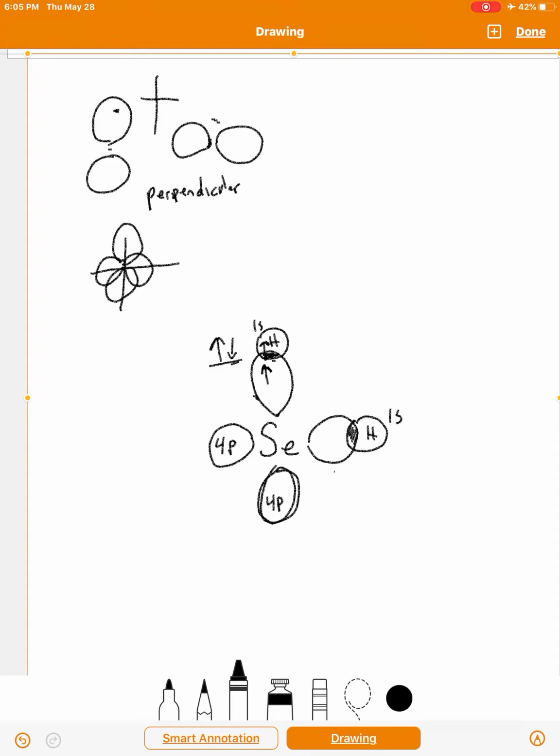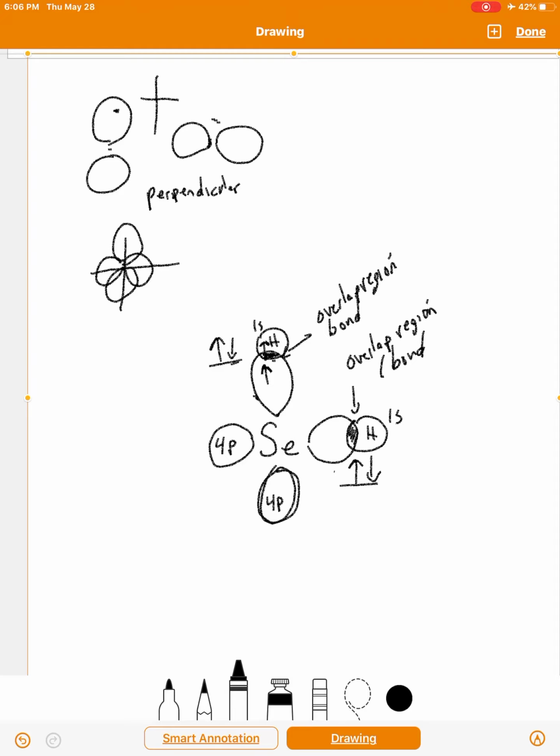Same idea. You now have two electrons. They pair up to form a bond. This is our overlap region, and that's a bond. And this over here is an overlap region, and that's a bond. So there's two bonds, but those two bonds are 90 degrees apart, approximately.